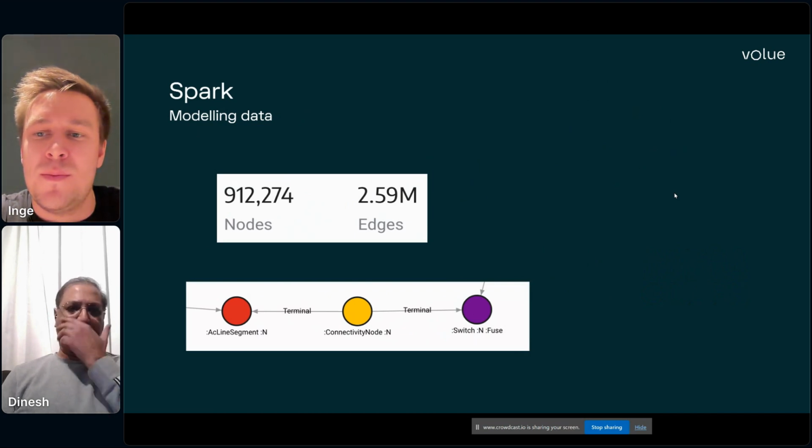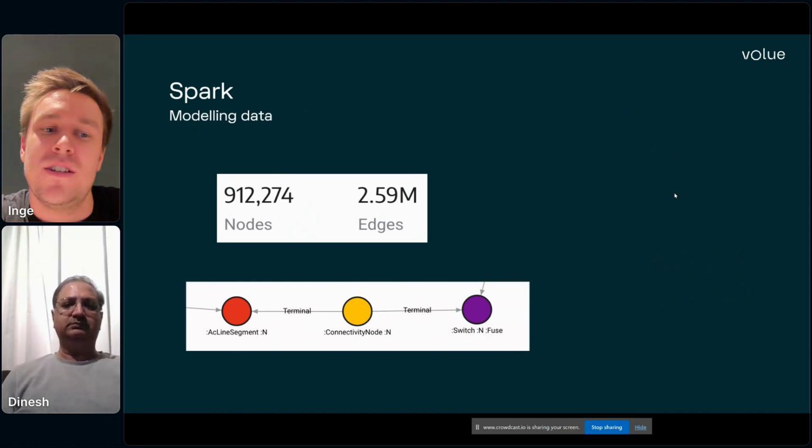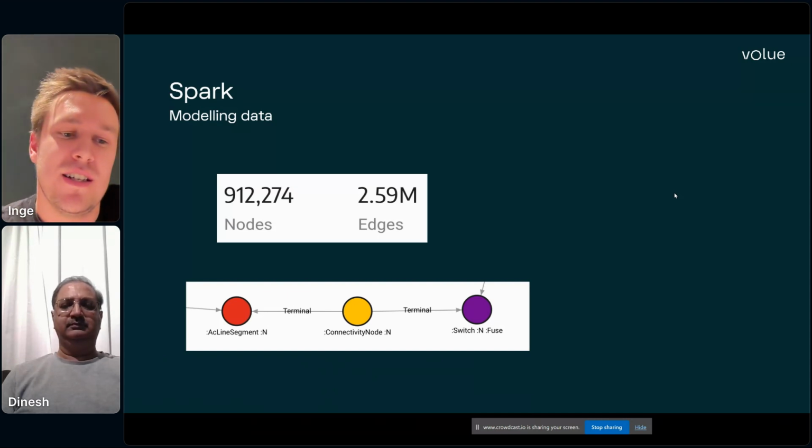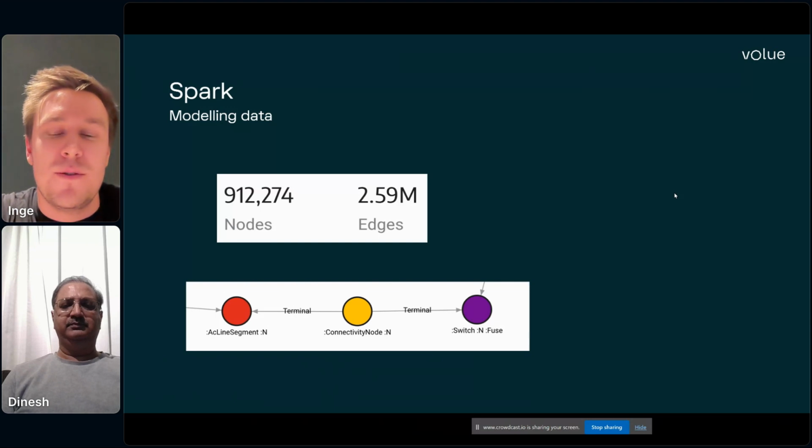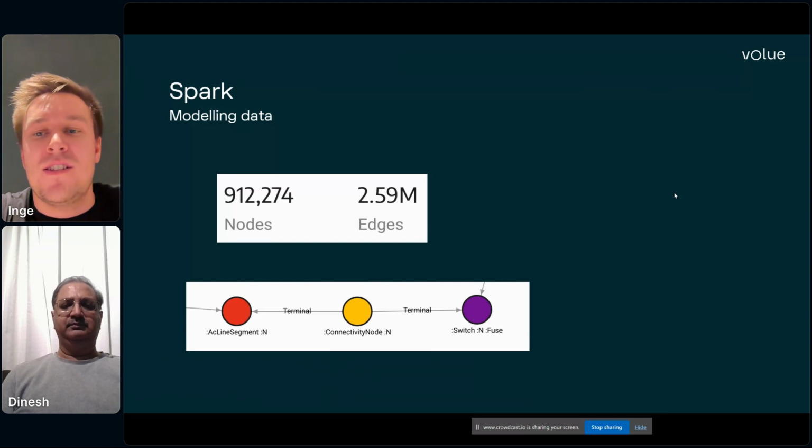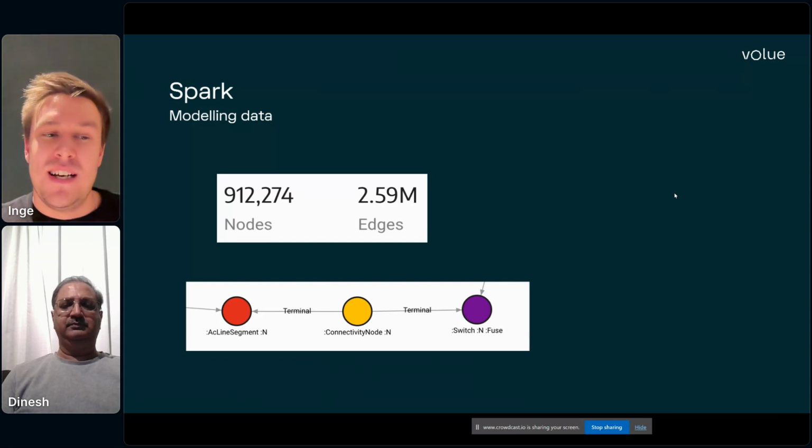We have a small customer, as you can see, with 912,000 nodes and 2.6 million edges. So there are many one-to-one relationships, but there are also many nodes that have one-to-many relationships. A pretty classic example is a power line, so we can see the AC line segment in the left corner, and that connects to a cable box that has multiple switches.